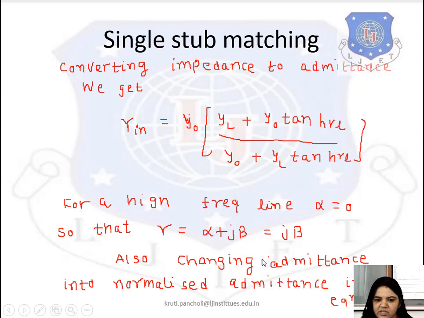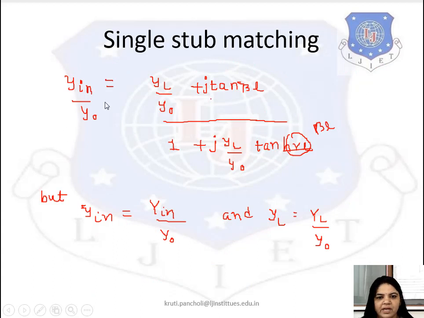Now we change the admittance to the normalized admittance, as we have seen in the Smith chart, by dividing by the characteristic admittance. So Yin/Y0 = (YL/Y0 + j tan βL) / (1 + j (YL/Y0) tan βL).